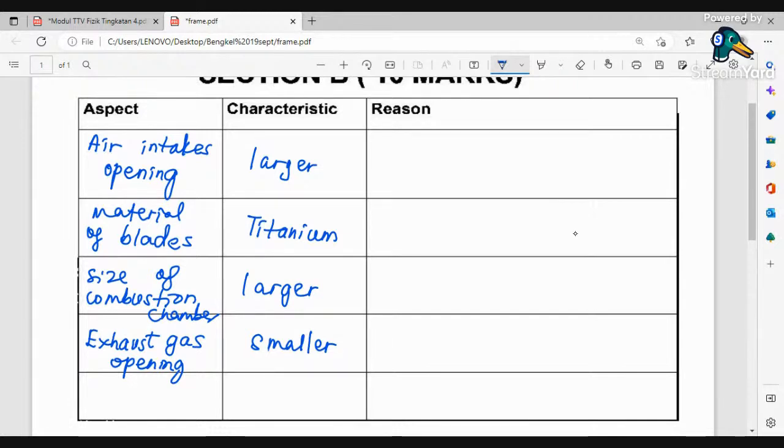Larger air intakes opening maksudnya more air enters the engine ataupun combustion chamber. Lebih banyak udara masuk. Okay, blades titanium.